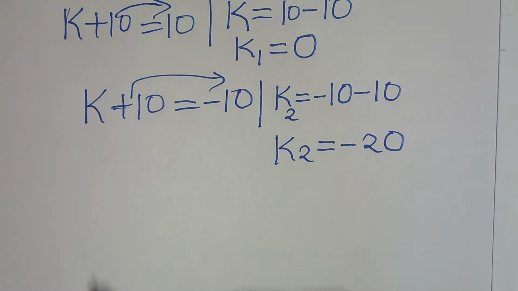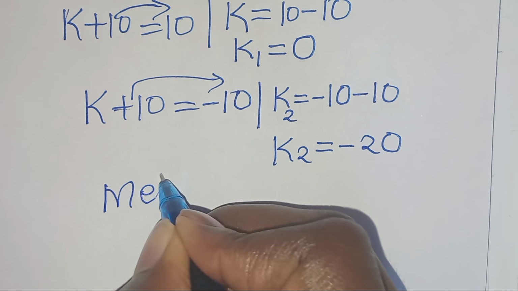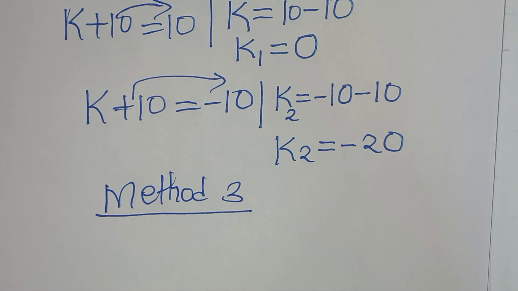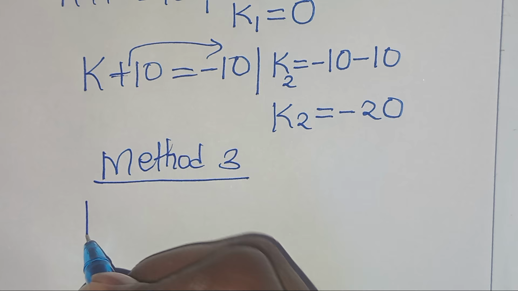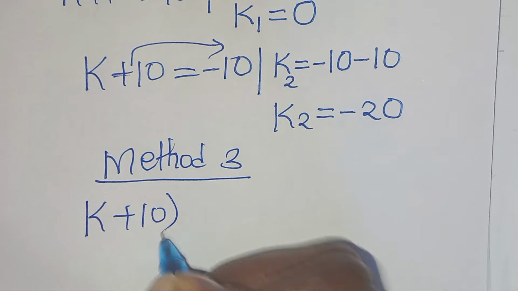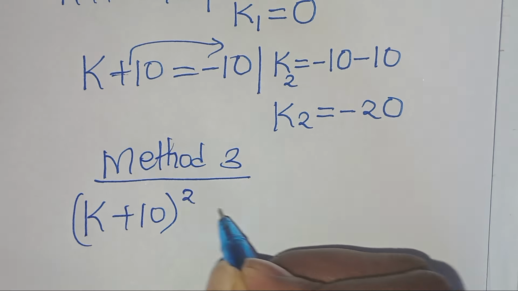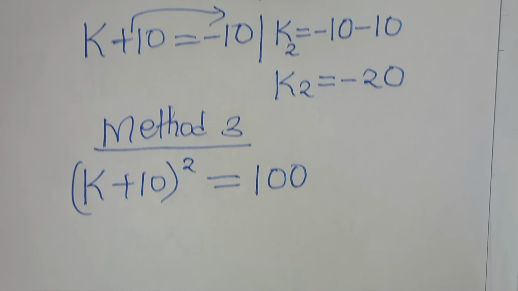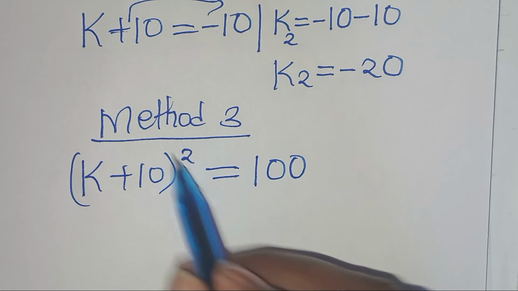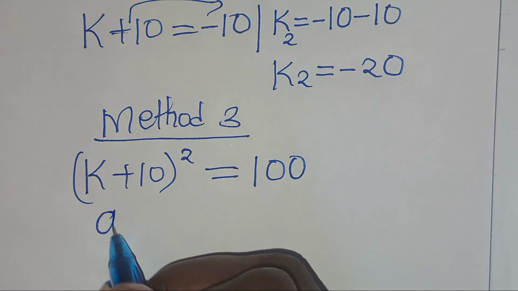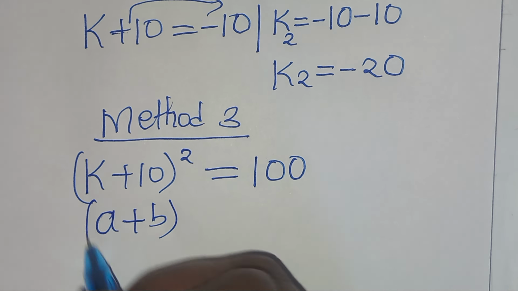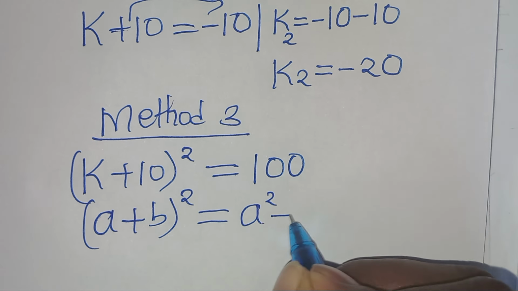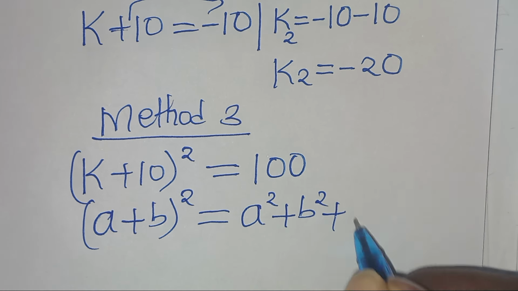Let's proceed to the third method, method 3, on how to solve this nice algebra. We have (k + 10)^2 = 100. This is in the form of (a + b)^2, which can be expressed as a squared plus b squared plus 2ab.